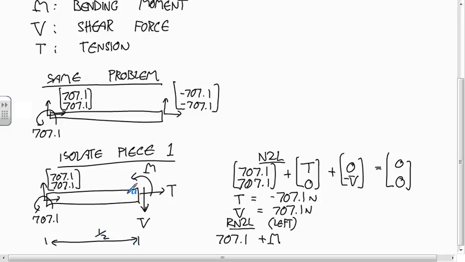So we have a clockwise couple about the left point produced by the moment arm of 1/2 times V. So negative 0.5 V is equal to 0. And if you solve that, plug in V, you get that M is equal to negative 353.5 Newton meters. That makes sense? Okay.